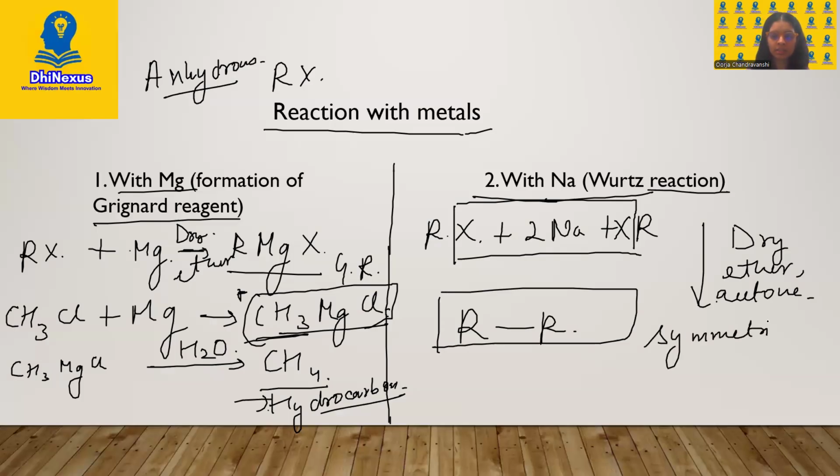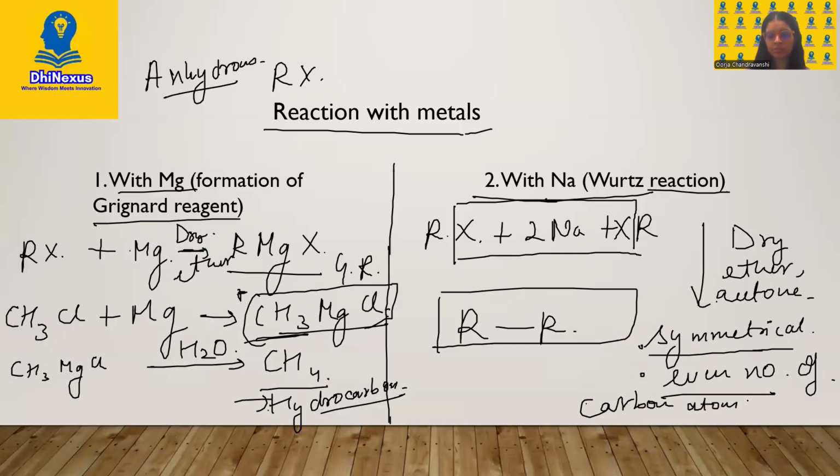So this alkane is going to be symmetrical, and it increases the number of carbon atoms, giving an even number of carbon atoms.